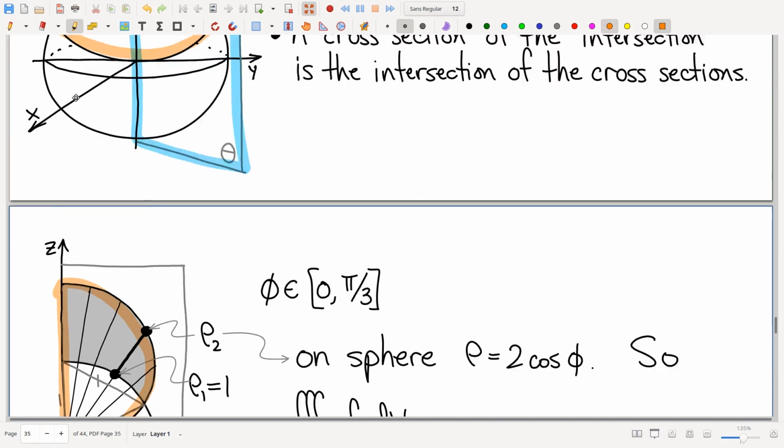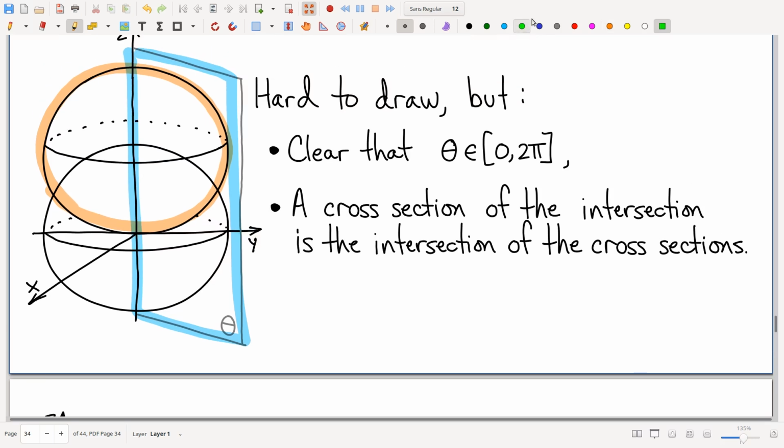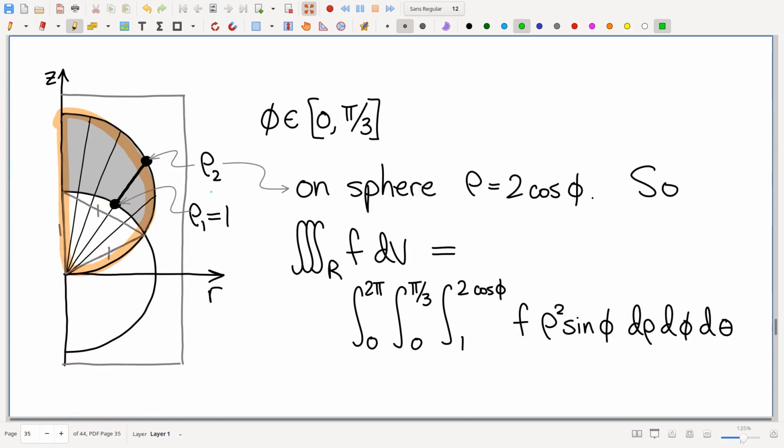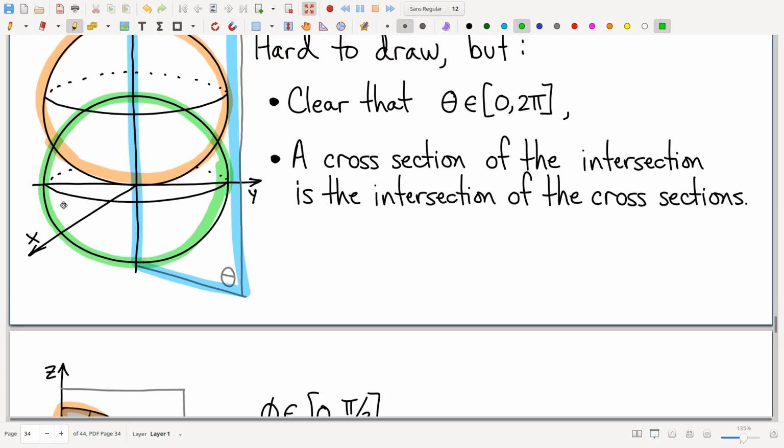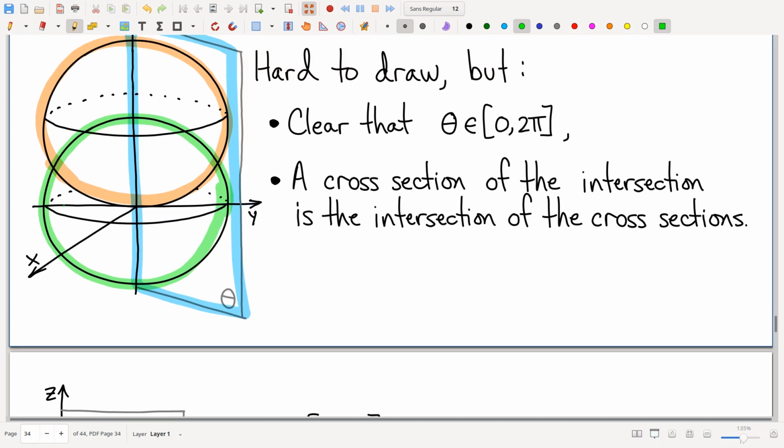Right? And then likewise, this green chunk that I'm going to take out of my orange, what's the cross section of that green ball? Well, it's a green half disk. Nothing to it. It's just this. Right? So I don't have to try to visualize this very confusing solid that's, again, the part of the orange that's the outside of the green.